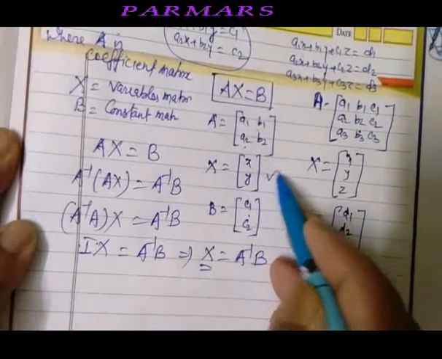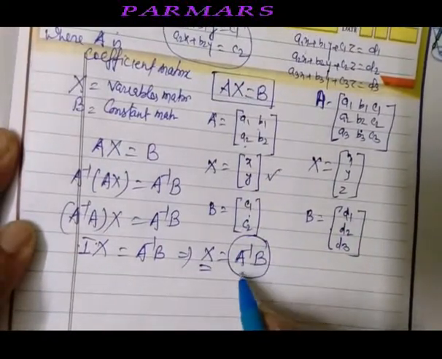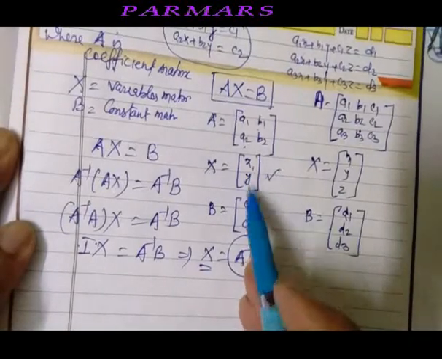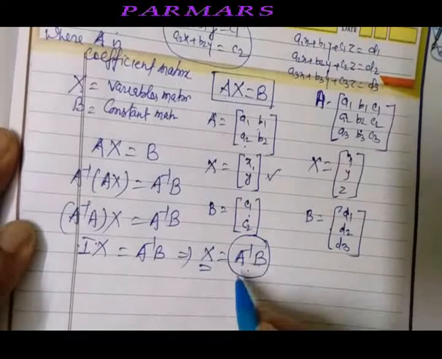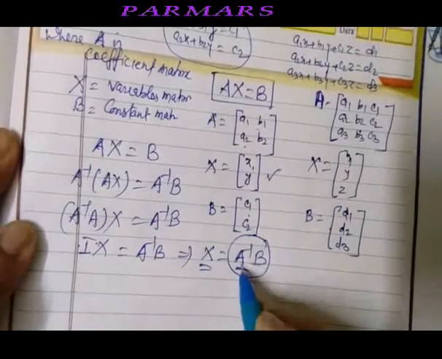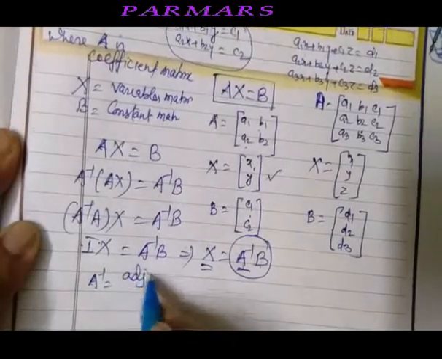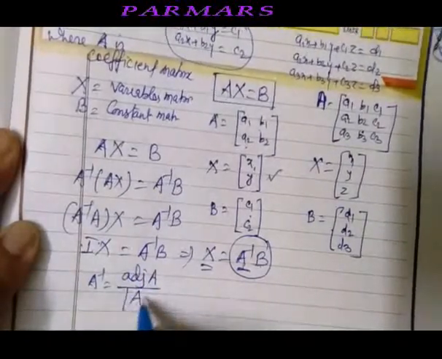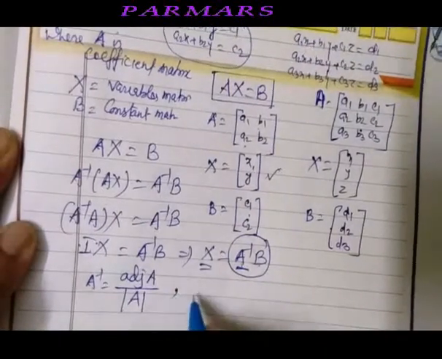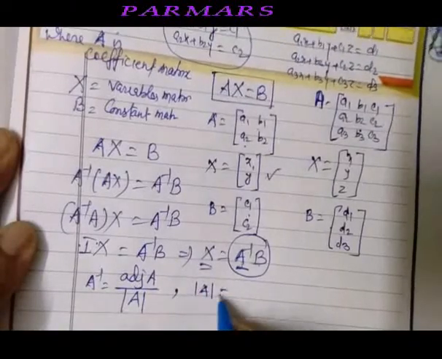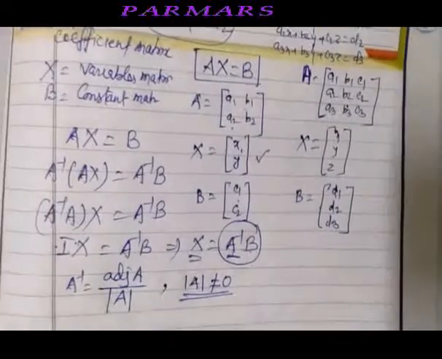X is the variable matrix. Now if you get the value of this, certainly this is also a column matrix of the same order. So first of all, B we have. But what about A inverse? A inverse is nothing but, as we learned yesterday, adjoint A by determinant A. So first of all, we have to know whether the value of the determinant is 0 or not.